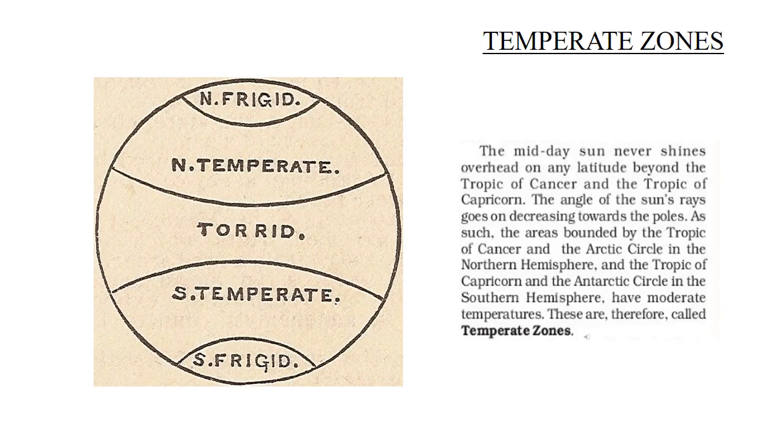All this area receives a lower amount of sun rays, as the angle of sun rays goes on decreasing towards the pole. As we have seen, the torrid zone receives the maximum heat, north temperate and south temperate receive less, and the north frigid and the south frigid get the least amount of sun rays.